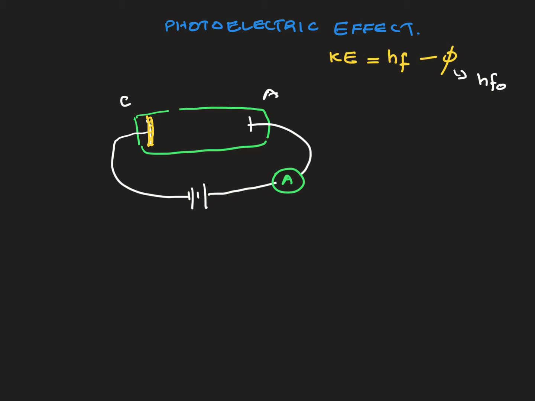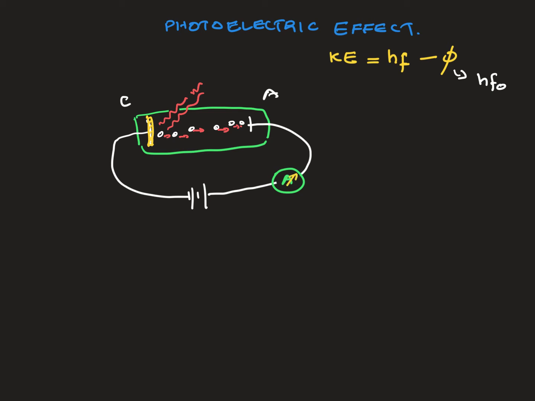But in this case, we get the electrons emitted by exposing the metal to electromagnetic waves, light waves. When we apply these waves, electrons get emitted and they all move toward the anode. At the same time, we will also see a current flowing this way.